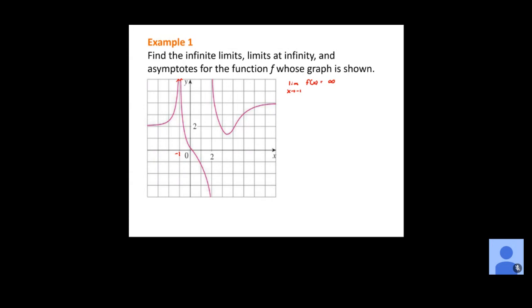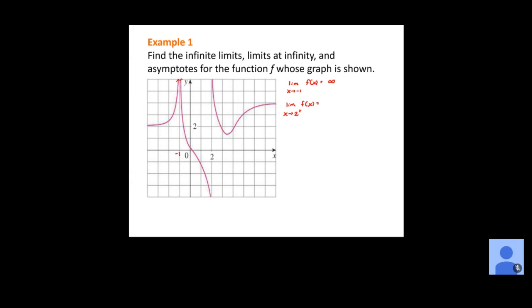Okay. Do we have any other locations on our graph where the graph is either approaching infinity or negative infinity? At 2, right? Now notice here at 2, on one side it's approaching infinity, on the other side it's approaching negative infinity. So we are going to have to split up this limit from the left and the right. So we'll say the limit as x approaches positive 2 from the right.